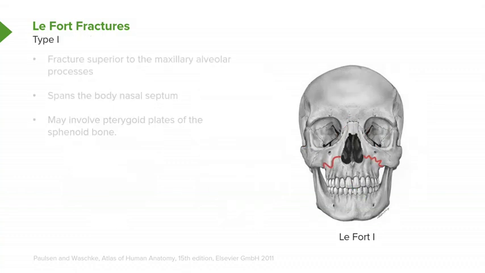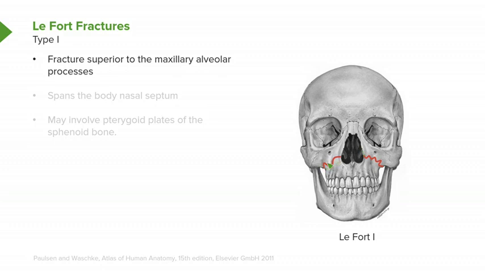If we look at these individually, we'll begin with type 1. You can see where the red line is, and this would represent the line of fracture in the midface. Some considerations here to keep in mind is that this fracture does lie superior to the maxillary alveolar processes.